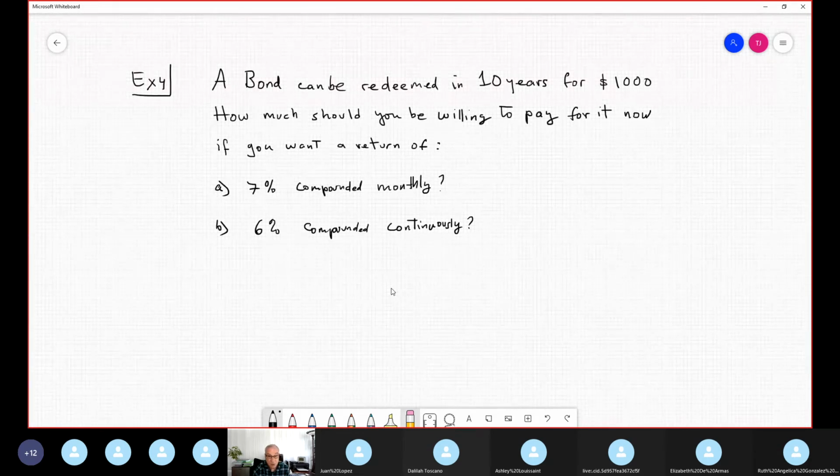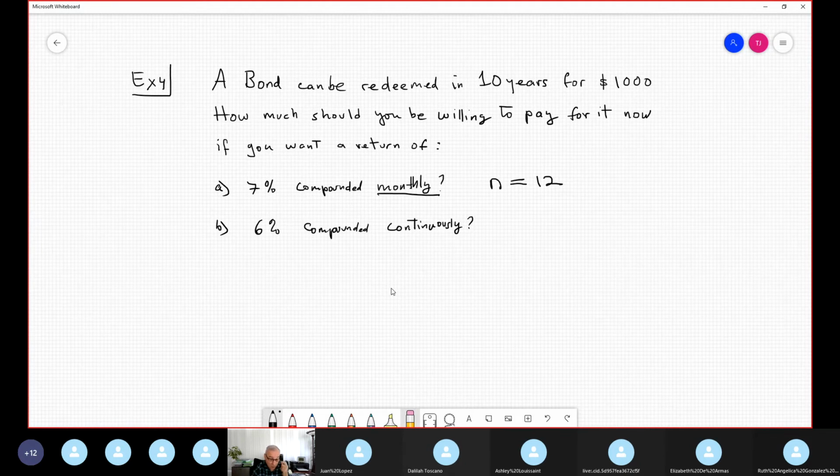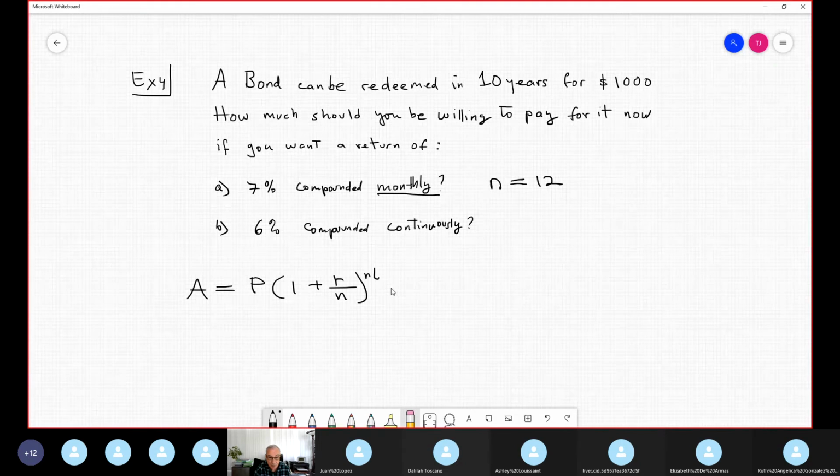Well, entonces the first one is monthly. Monthly means that compounding is 12. This is a discrete problem, and for discrete problems we always use that formula. The formula is future value equals P times (1 plus R over M) to the power M T. But in this problem, future value is given.